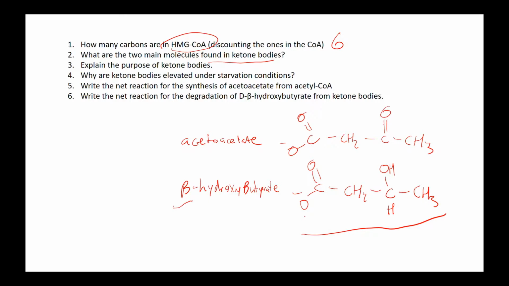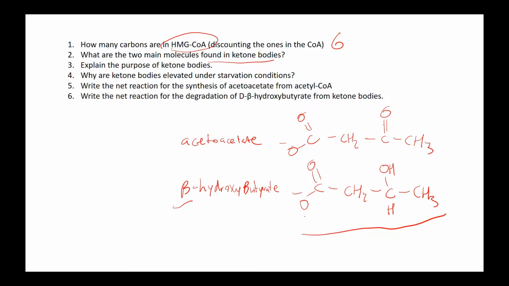Number 4, why are ketone bodies elevated under starvation conditions? Under starvation conditions, our body doesn't have enough glucose for our tissues to continually use glucose as their entire energy source. This is fine for some tissues like muscle, because muscle can burn both glucose and fats pretty easily.